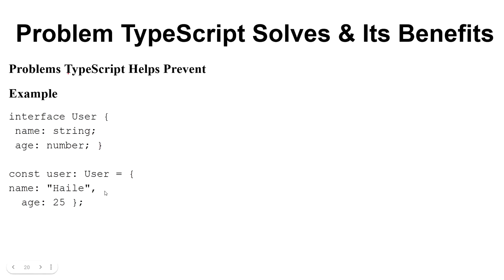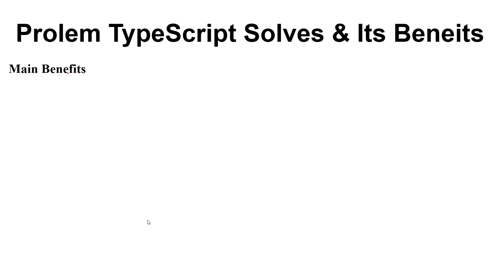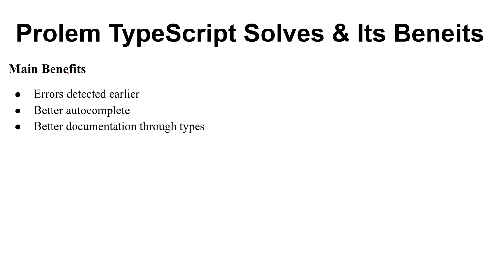If we say user.email, TypeScript says the property email does not exist. We know this during writing or development, but in JavaScript we know this only after running.